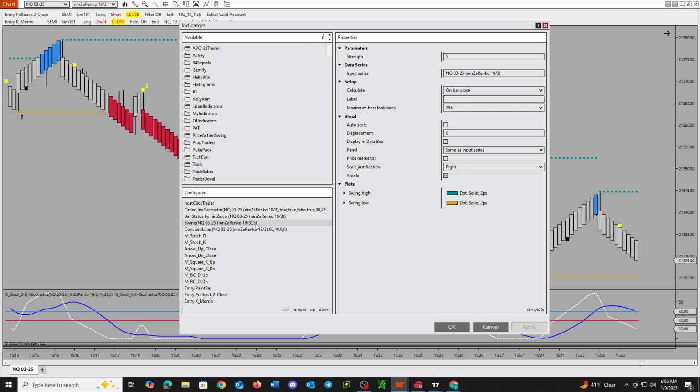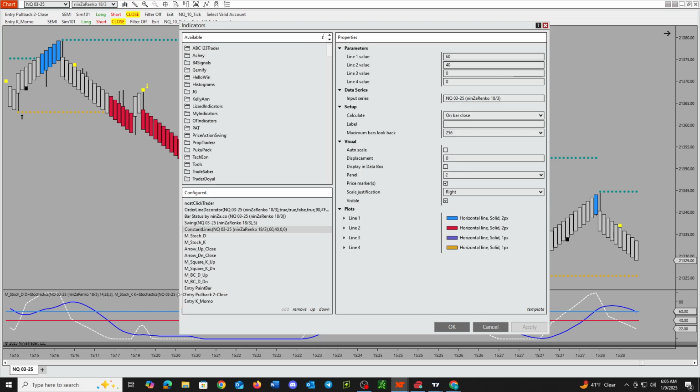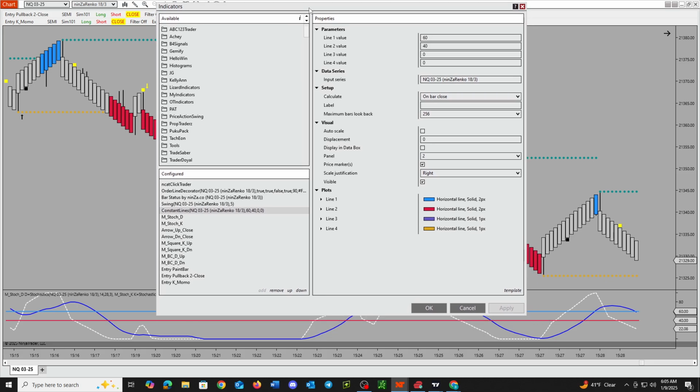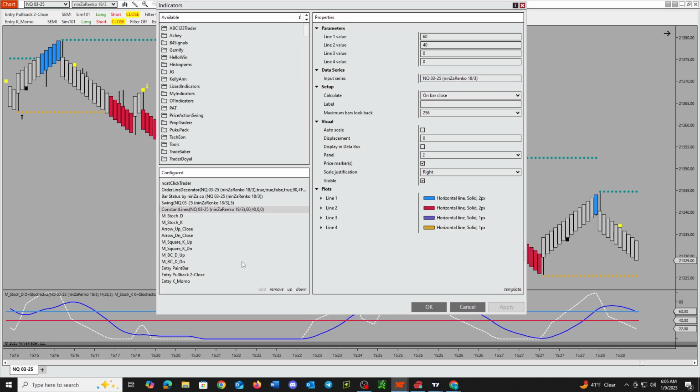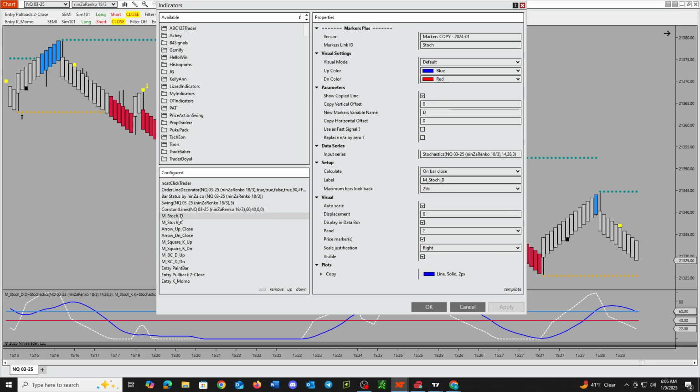We talked about the swing indicator and constant lines. Now here's why I have constant lines. You don't need this if you don't have a markers template. The constant lines is in this pane only because I'm copying the stochastics indicator with markers.